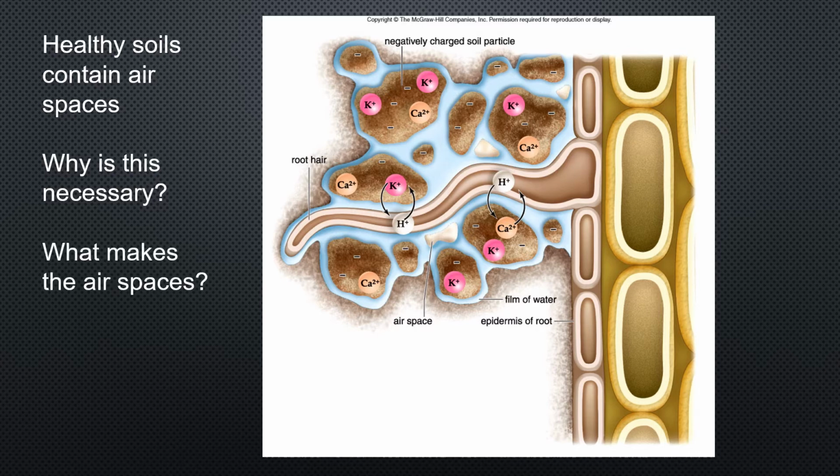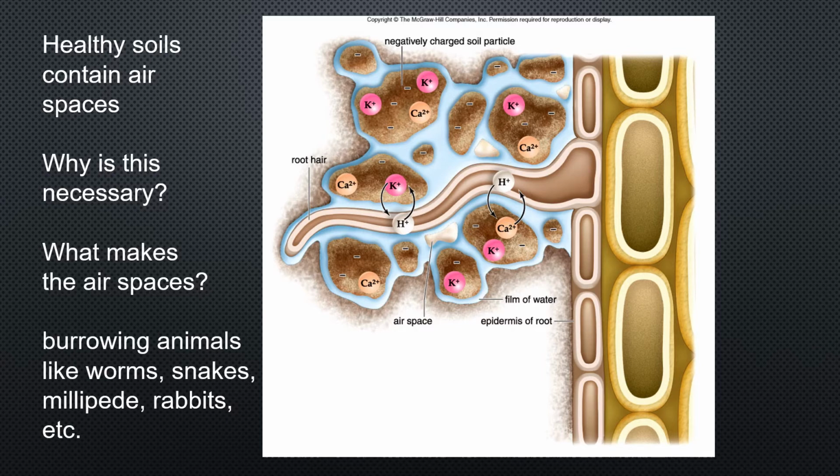So what makes the air spaces within the soil? Well, our burrowing animals that we've talked about, like worms and snakes, millipedes, rabbits, etc., and also those particle sizes. Remember, if we have large particle sizes, then we have space between them, and that's really important for creating airspace.